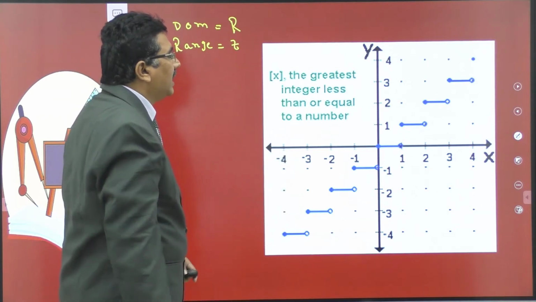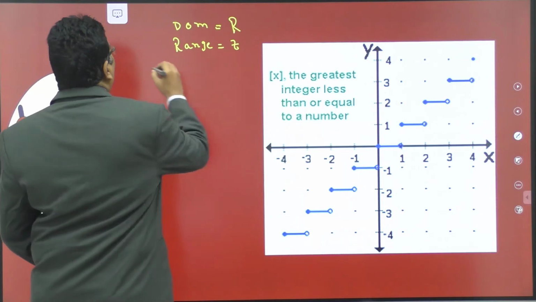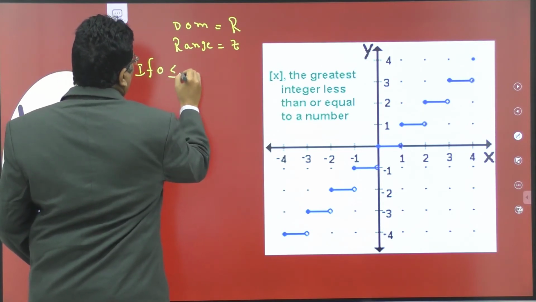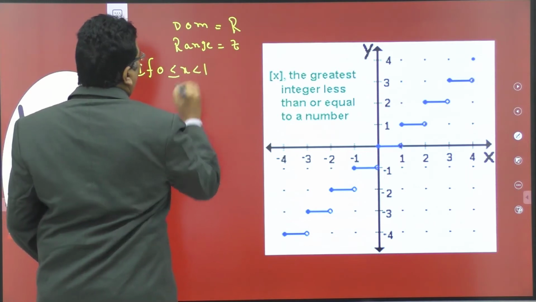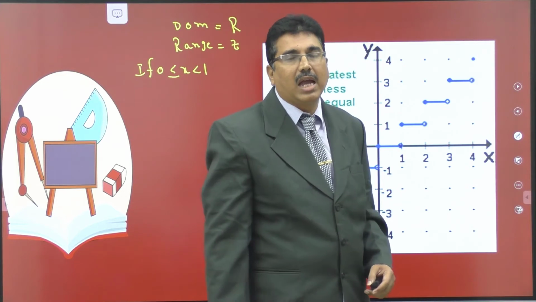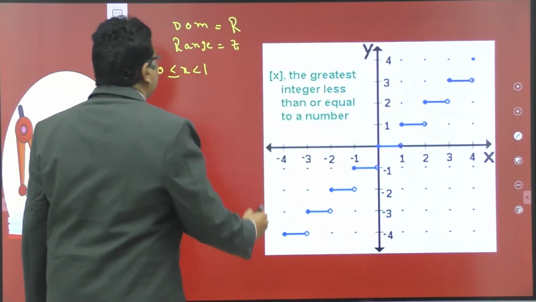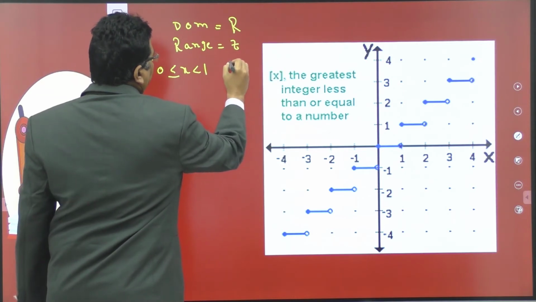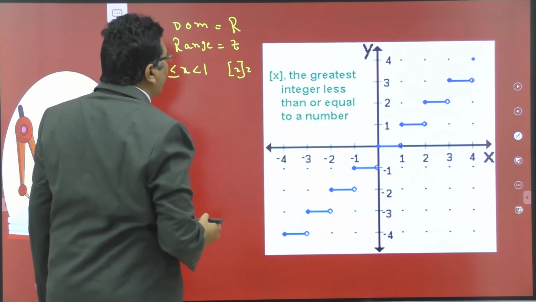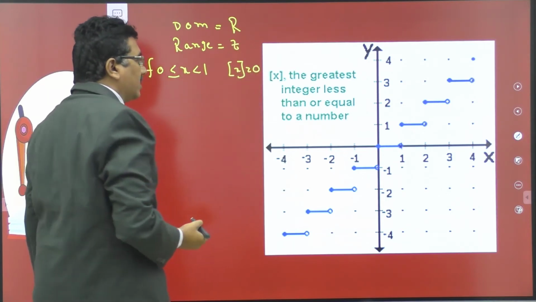Okay, now see the graph of this function. If x lies between 0 and 1, x greater than or equal to 0 and less than 1, then what is the value of [x]? Box x is equal to 0.